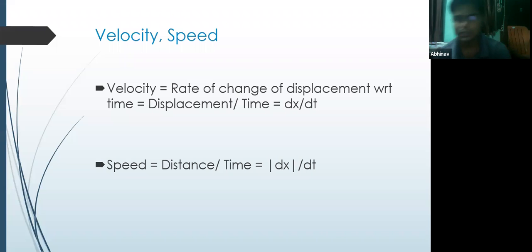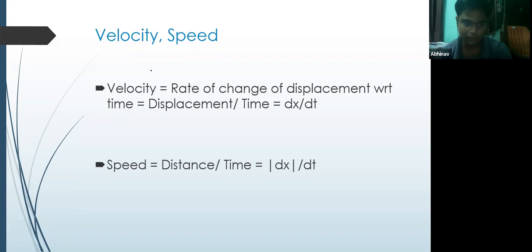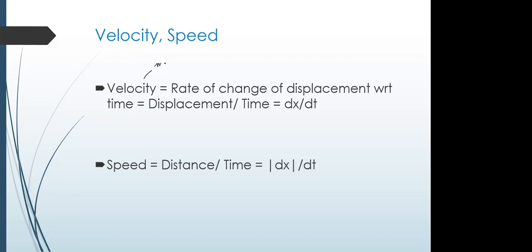So velocity is the rate of change of displacement. Displacement is having magnitude and direction both. Similarly, velocity will also have both. What do you mean by both? Both means it is also going to have magnitude and direction.